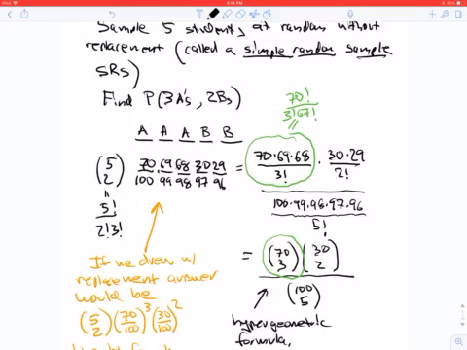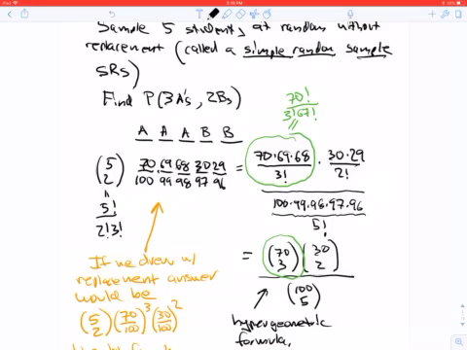I have A's followed by B's, let's say, and then the probability of that would be 70 over 100 times 69 over 99 and so on, just the multiplication rule, where 69 over 99 is the conditional probability, conditioning that the first student is an A. Now there's no need to assume that the 3 A's are followed by the B's, so I need to multiply this by 5 choose 2, and that's your answer.